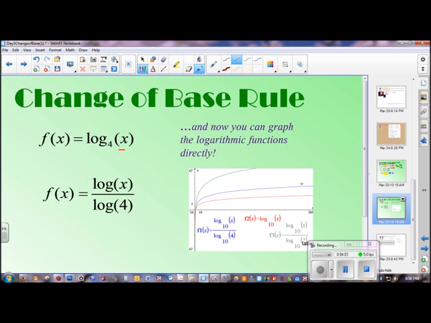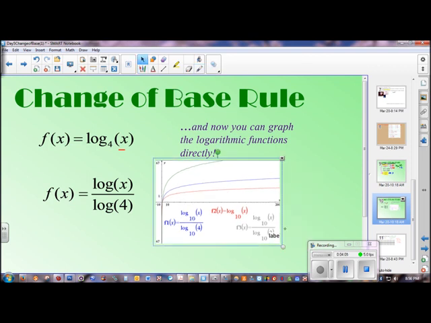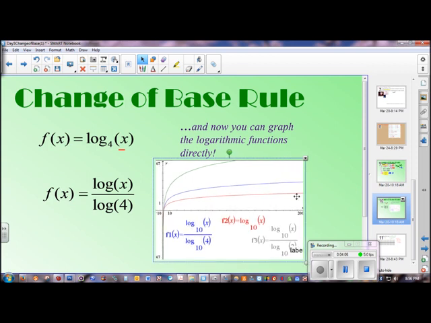Okay, while we're looking at a graph, let's talk about a couple of other things. I've got 3 logarithmic functions here. The blue one started off as log base 4 of x. The red one started off as log base 10 of x, just a common log. And the green one started off as log base 2 of x.